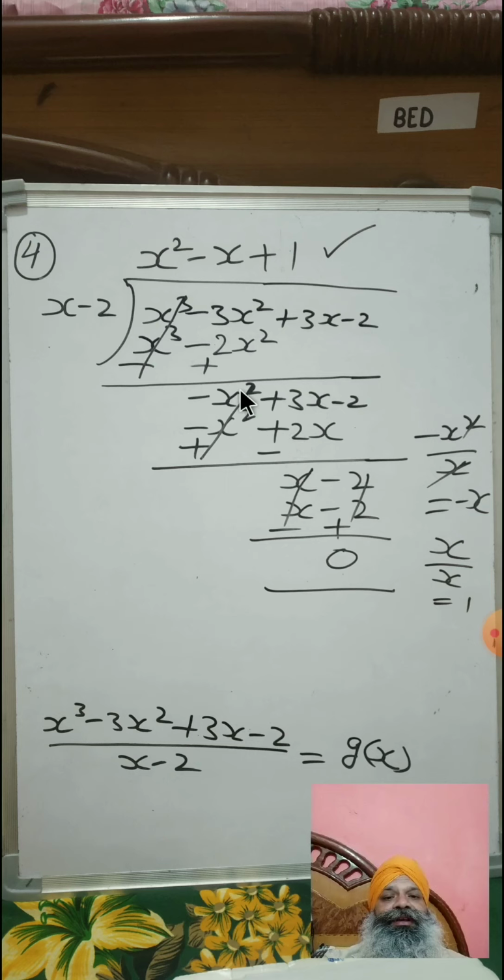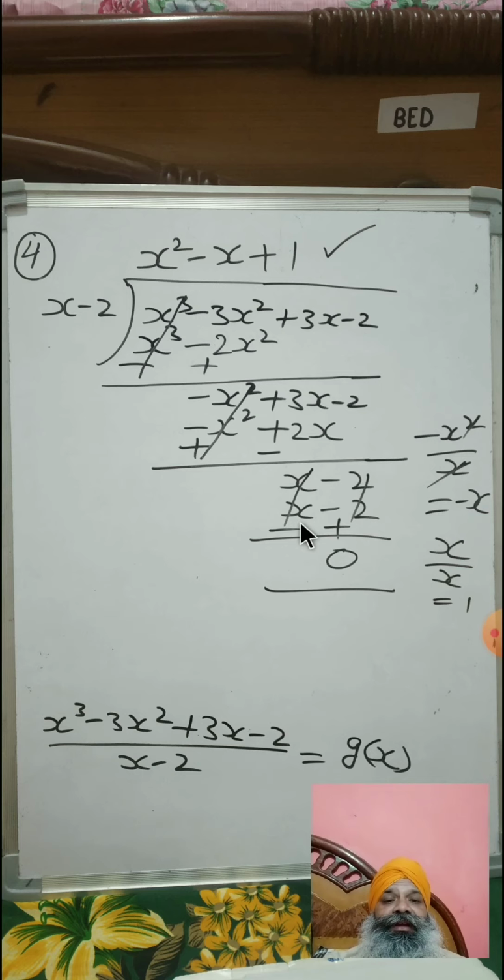So minus x square plus x square cancels, and 3x minus 2x becomes plus x, and minus 2 is written as it is. We now have x minus 2, but this is not the remainder, we have to go ahead. The degree of this x is 1, and the degree of the divisor is also 1, so we can divide it again.